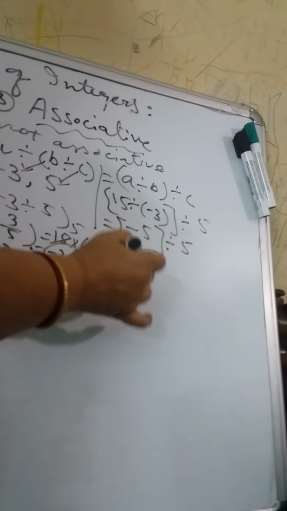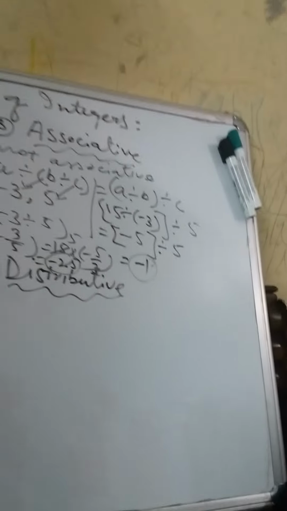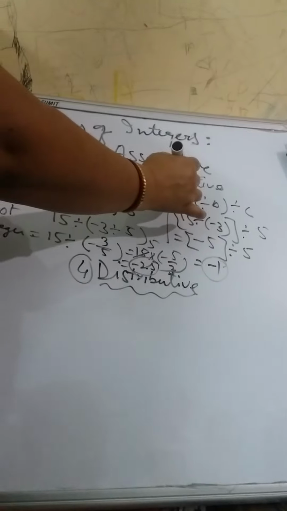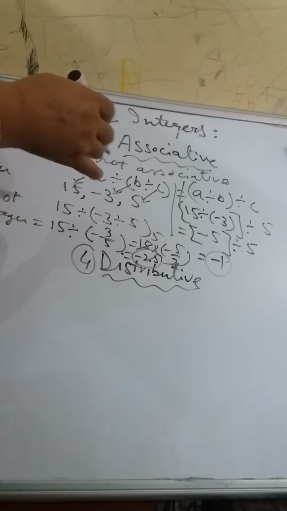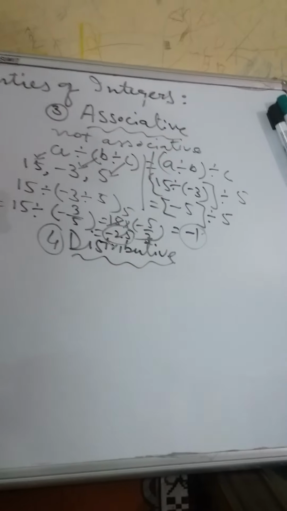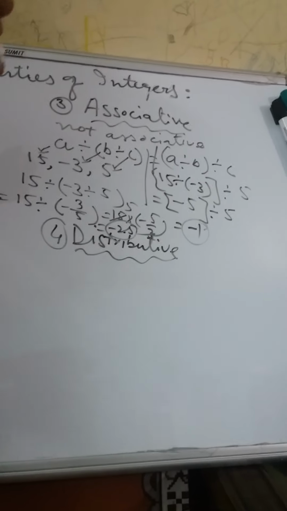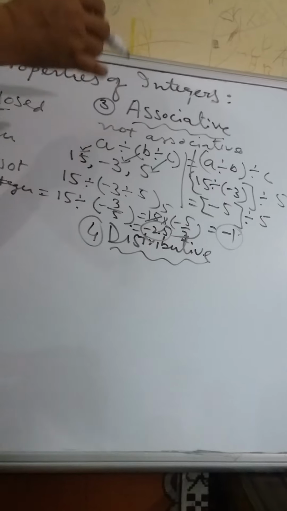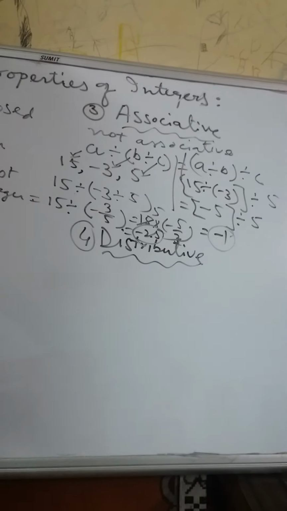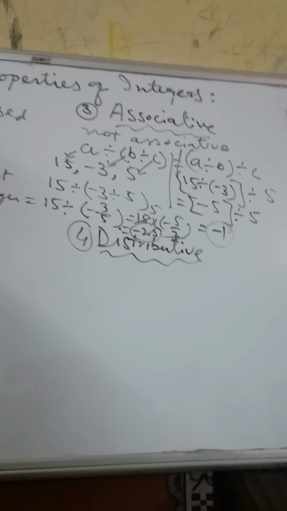You can see that this answer and this answer are not same. So a divided by (b divided by c) is not equal to (a divided by b) divided by c. So we can say that division is not associative for integers.